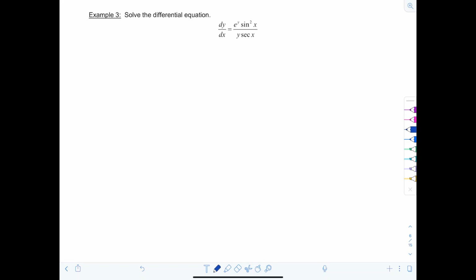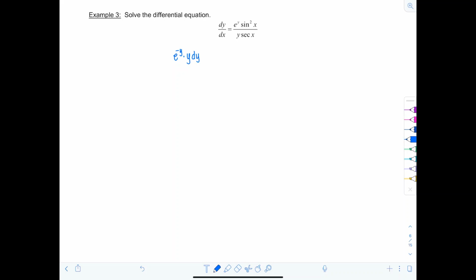Okay, well, I know I want to keep all the terms with x on the right-hand side, all the terms with y on the left-hand side. So I'm going to have dy times y, and then if I divide by e to the y, that's the same as e to the negative y, right?